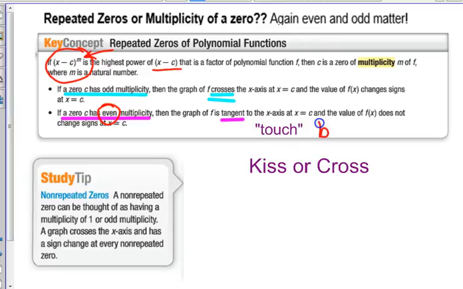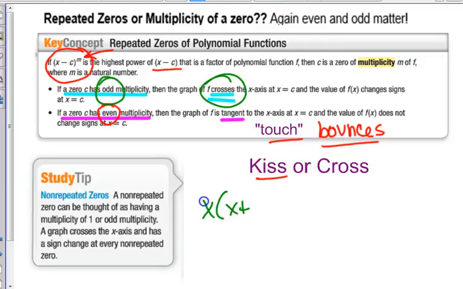It touches or bounces or kisses. Some teachers use any one of those 3. It just hits the x-axis and bounces back off. If it has an odd multiplicity, then it crosses the x-axis. Non-repeated zeros have a multiplicity of 1, which is odd, so they cross. So I'm going to do one real quick here.